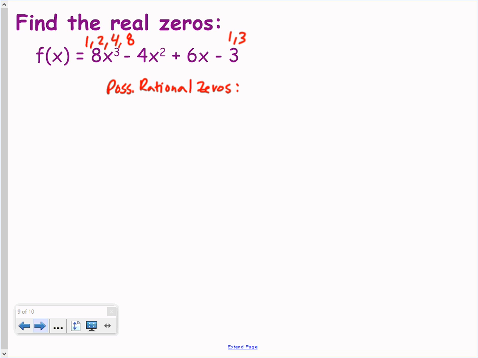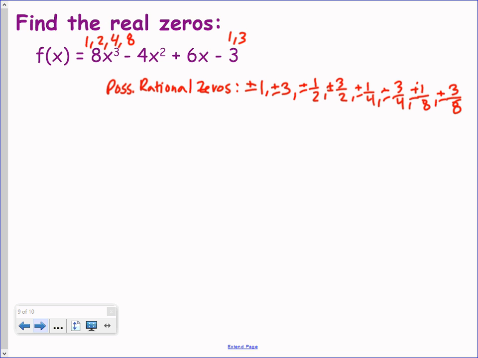And I take 1 and 3 and I put them over 1. Then I take 1 and 3 and I put them over 2. Over 4. And over 8. And I have created quite a nice list. 8 positive and 8 negative possible zeros.